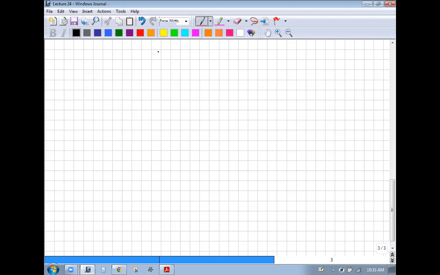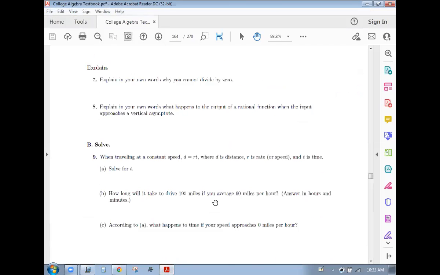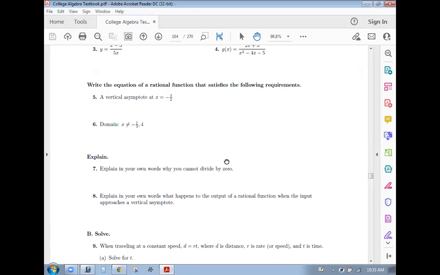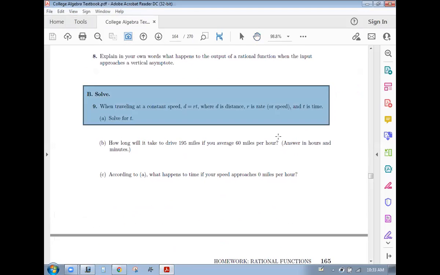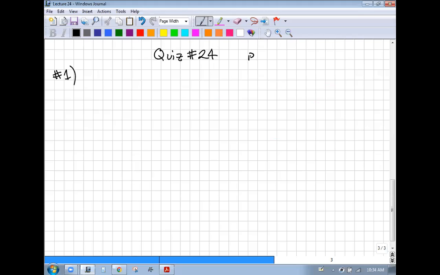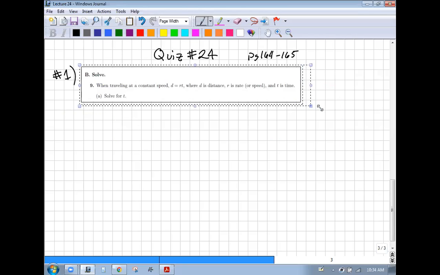So let's get our quiz on. This is quiz number 24. So let's see, let's do this one here on page 164. So here's the first part of it.